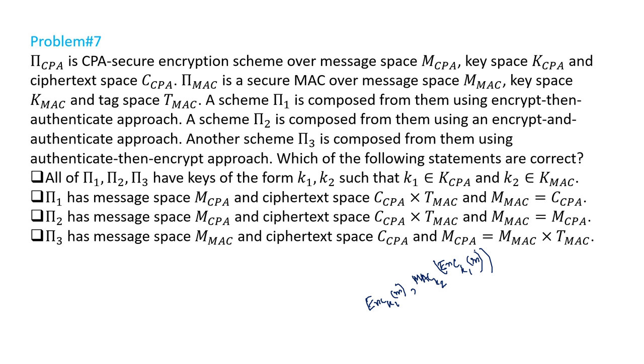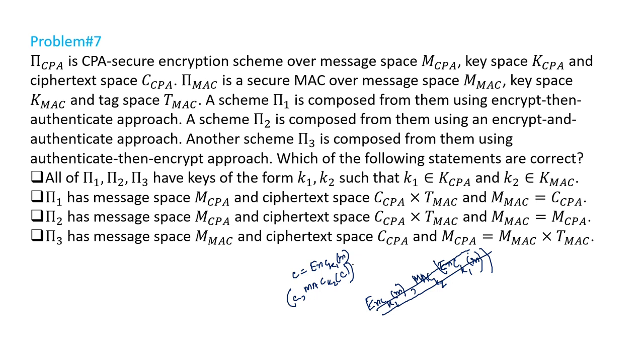I should ideally not write encryption inside this, as this can have a wrong implication. So first you determine the C for M, and then you apply MAC on C, right?